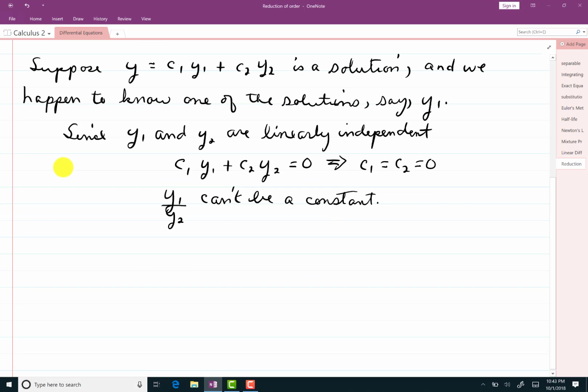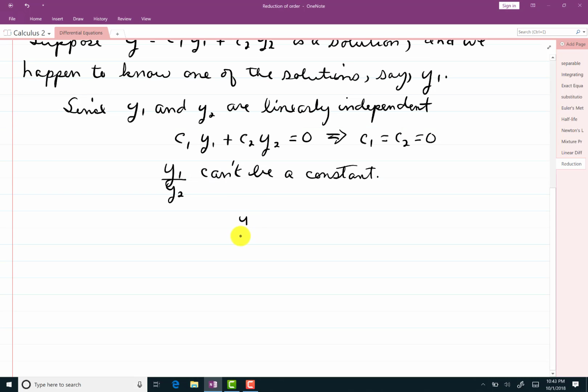The reason why it can't be: suppose you had a situation where y1 over y2 were equal to some constant c. The first thing you would do is multiply through by y2, and you would get y1 equals c y2. And then when I take it to one side, I would have 1 times y1 plus negative c times y2 would equal 0.